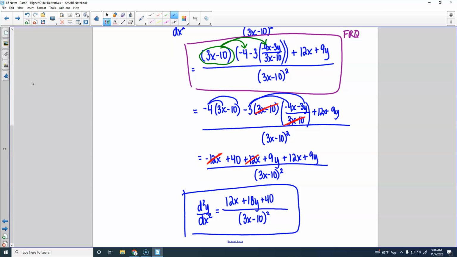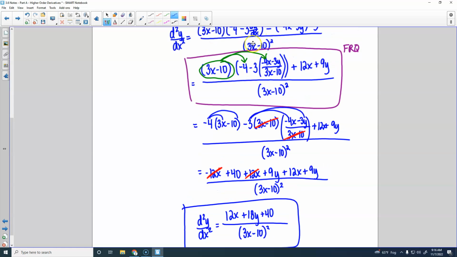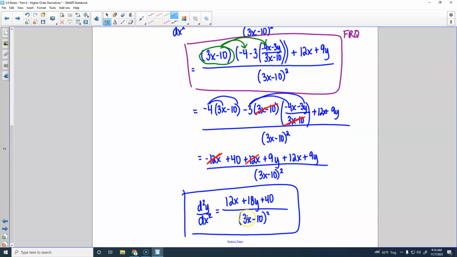A lot of the terms repeat. Is that a thing that happens a lot when you do second derivative? Yes. A lot of the time, particularly whatever the denominator of your first derivative is, a lot of times you'll see that still as part of your second derivative.